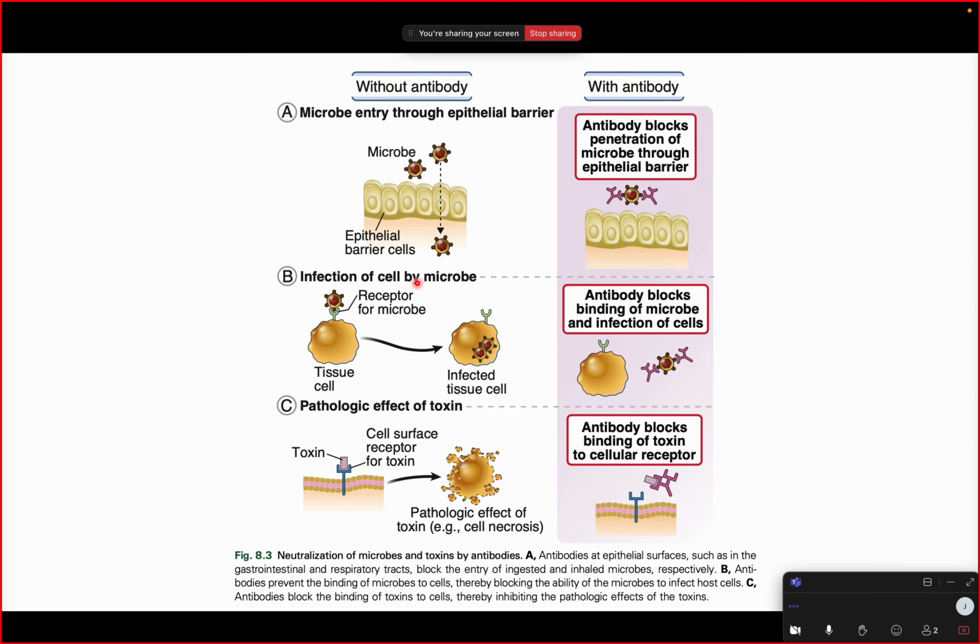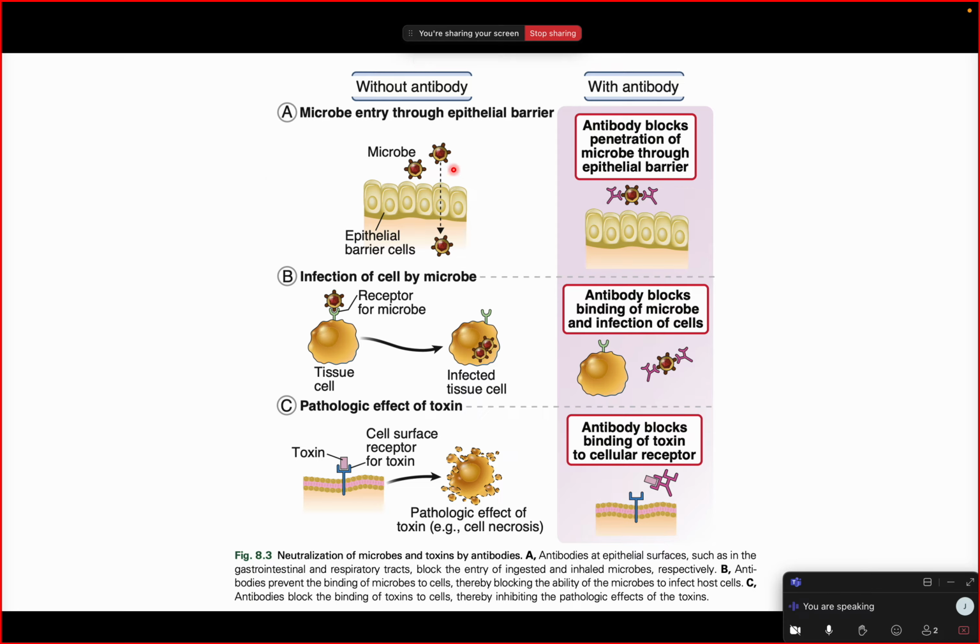I think it is a little bit self-explanatory, but let me just go through it. Antibodies prevent the binding of the microbes to cells, thereby blocking the ability of the microbe to infect the host cell. And then the C panel shows that antibody blocks the binding of toxin to cells, thereby inhibiting the entry. So don't complicate it, let's just see the first panel.